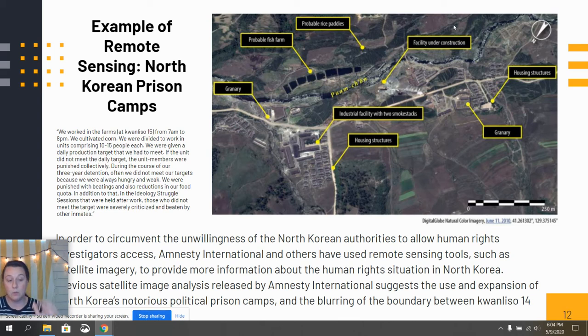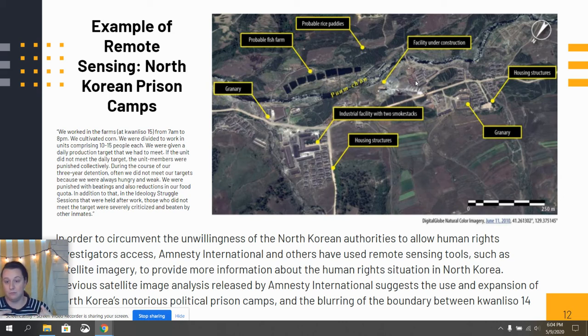What Amnesty International did with this project is they took pictures in 2010, which is what we're looking at here. And then they also looked at remote images from later in 2013. They saw that these camps were expanding. There were more housing structures being built, there was more land under cultivation, which means there are more prisoners, right? This is another example of how we can use geospatial data as a government.